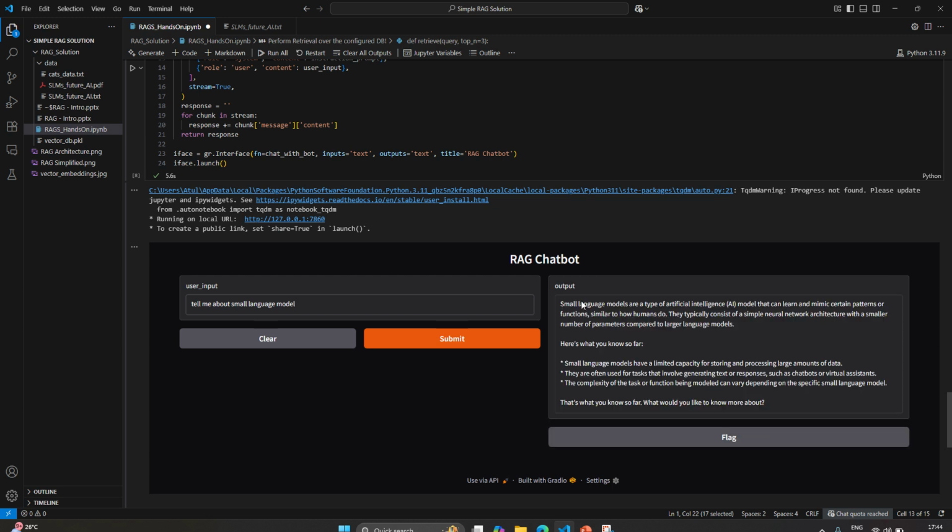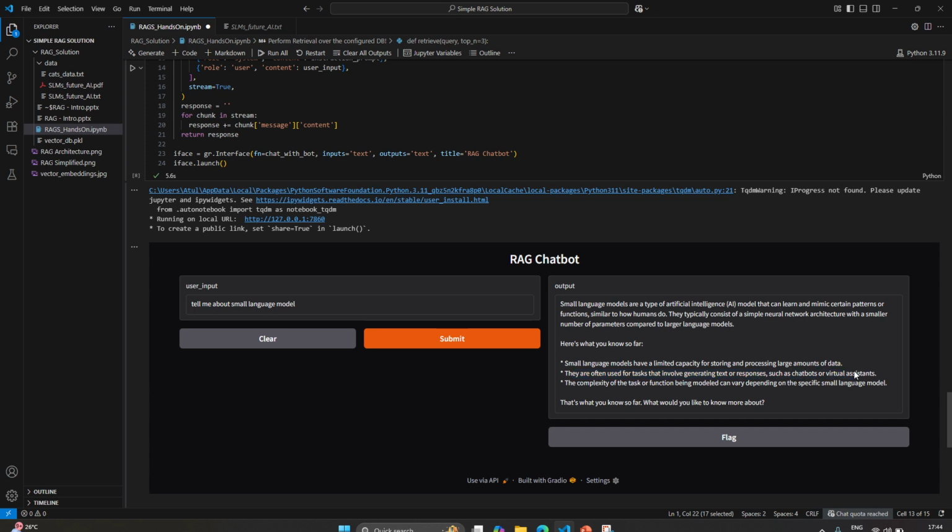Oh wow. Okay. Small language models are a type of artificial intelligence that can learn and mimic certain patterns or functions similar to how humans do. They typically consist of simple neural network architecture. Okay. Here's what you know so far. Small language models have limited capacity for storing and processing large amounts of data. Agreed. They are often used for tasks that involve generating text responses, such as chatbots.